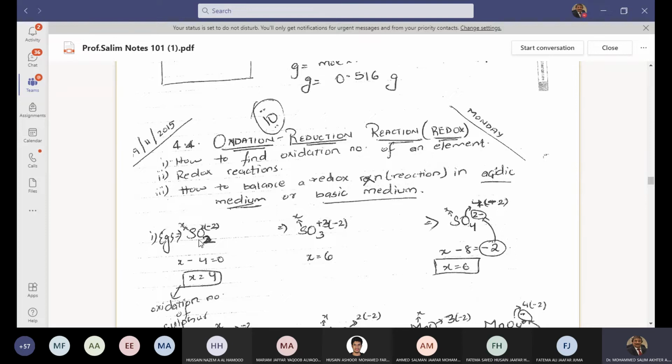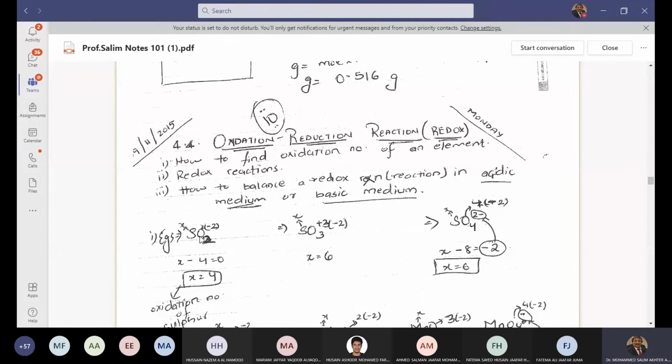Now what I want is the oxidation number for sulfur. What is the oxidation number for oxygen? -2. SO2, -2. In mathematics, if you don't know anything, what do you call it?